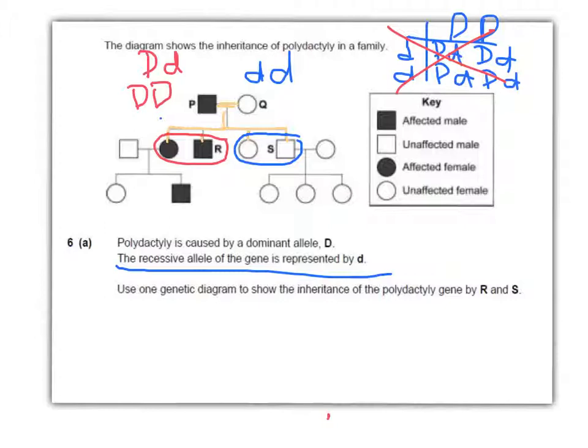So that must mean that P is big D, little d. So the gametes are either carrying a copy of the dominant allele or the recessive, and Q's gametes are carrying recessive alleles. So basically that means that you are going to get something that looks like this.